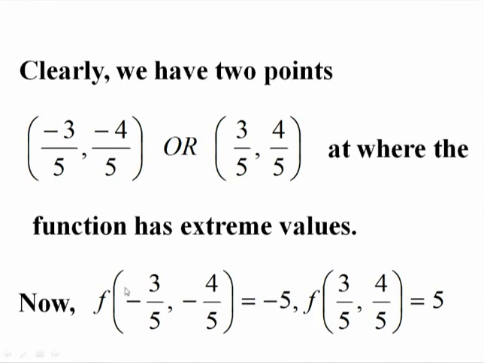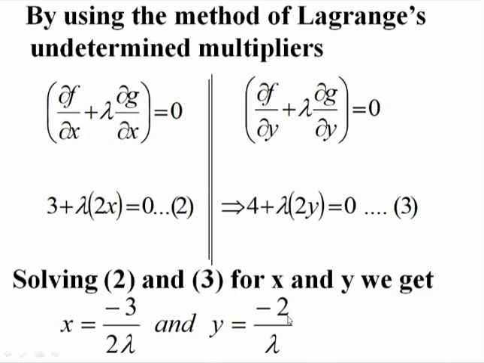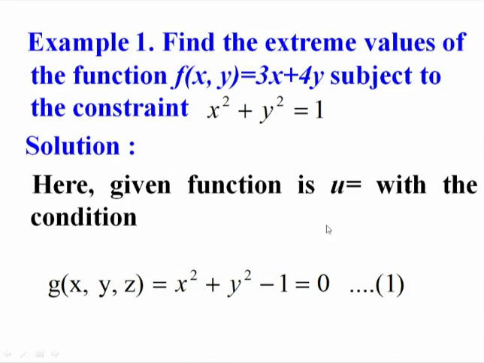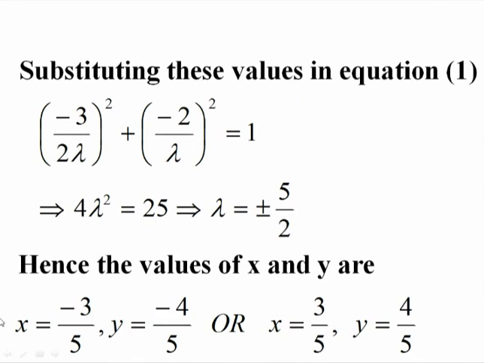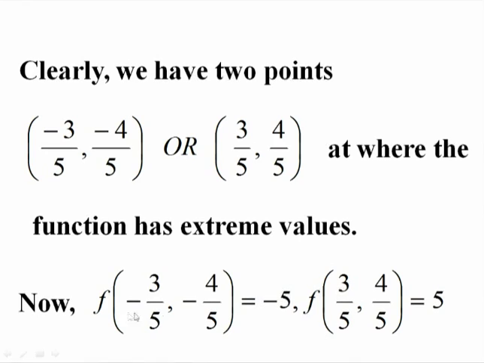So for that we find out f of minus 3 by 5 comma minus 4 by 5. If we substitute these values, x equal to minus 3 by 5 and y equal to minus 4 by 5, f at this point is equal to minus 5.